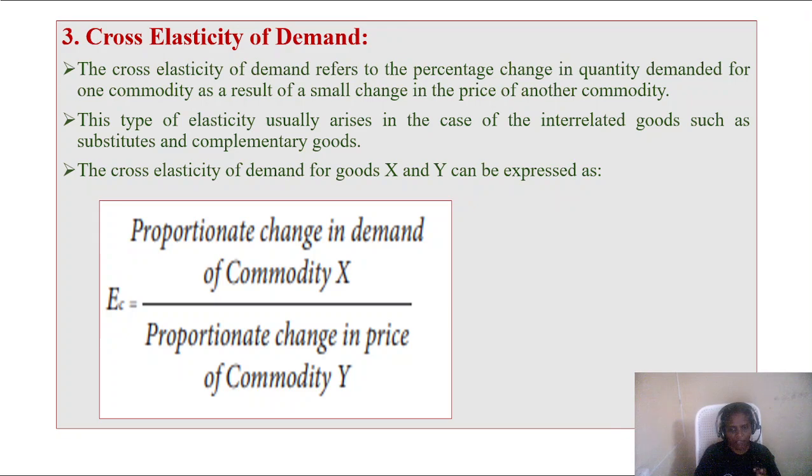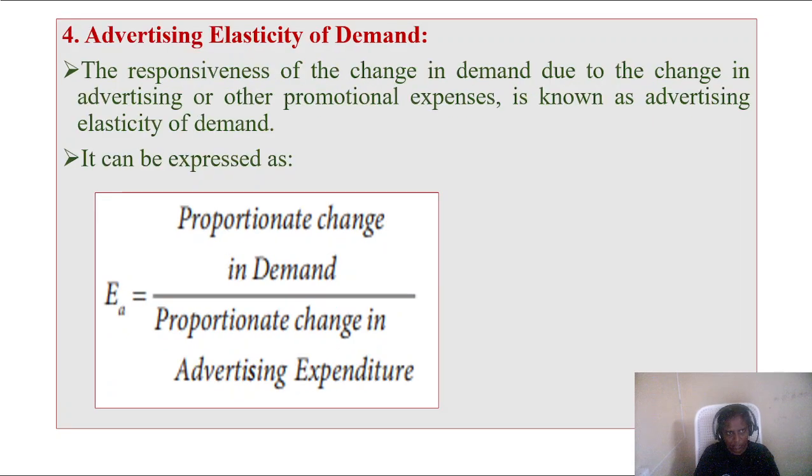If the price of petrol increases, what will happen to the demand for cars, and what is the level of the demand for those commodities? To study this concept, we call it cross elasticity of demand.